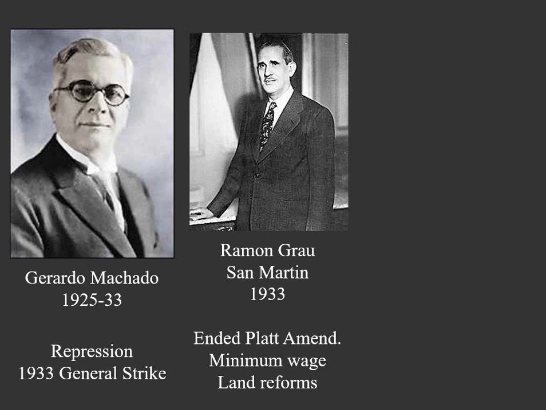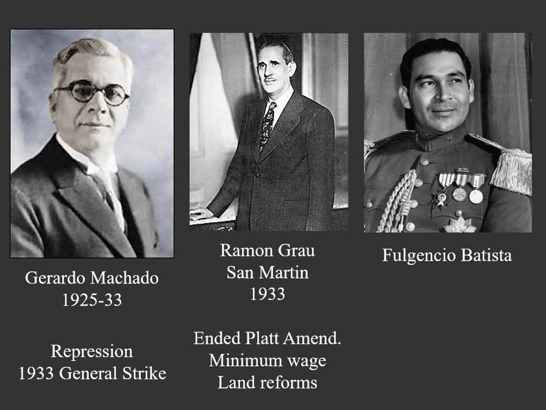And they hatched that plot with the Cuban military to overthrow him and basically put someone else in office. And there is a military coup in 1933 that kicks San Martin out of office. And the leader of that coup is named Fulgencio Batista.